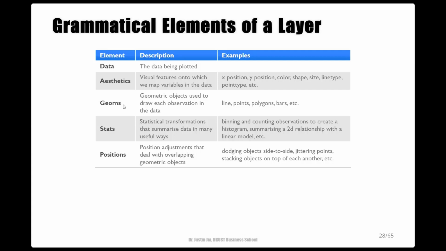There are things like points, lines, polygons, bars, or whatever. And then stats are statistical transformations like smoothing, binning, quantiles, regression, things like that. And we use them to summarize data in many useful ways. Lastly, we need position adjustments that deal with overlapping geometric objects.